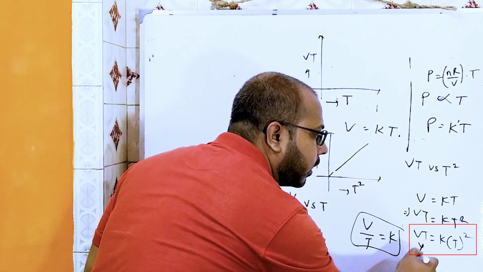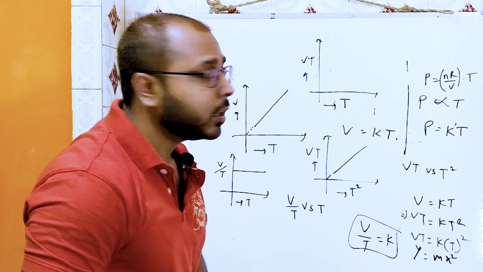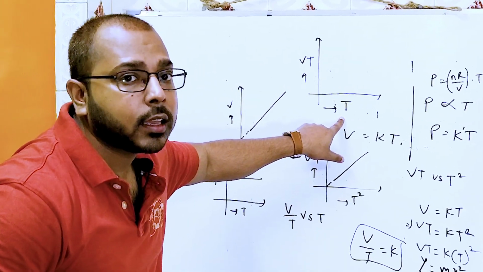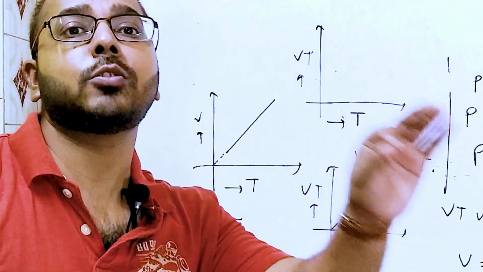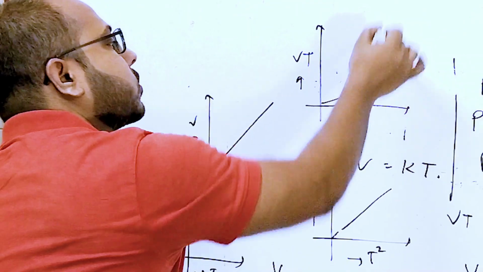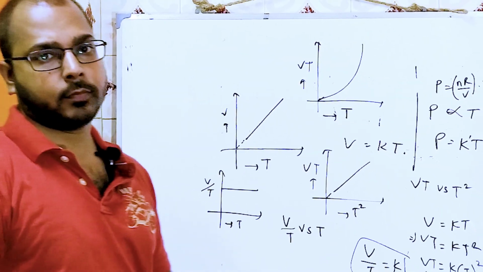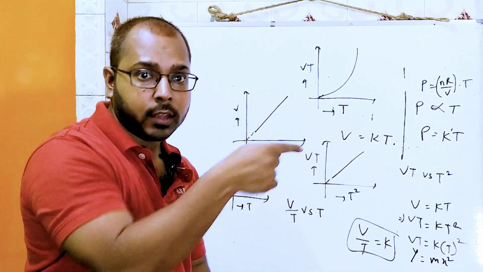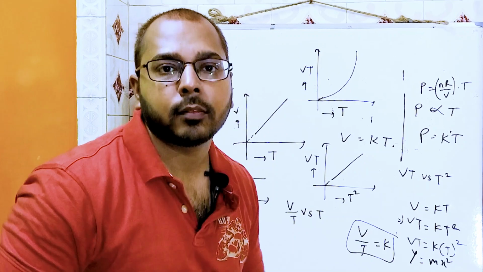So this is y, this is m, and here x is T. That is why the equation is following y equals to mx square. So y equals to mx square will be like that. Parabolic in nature.